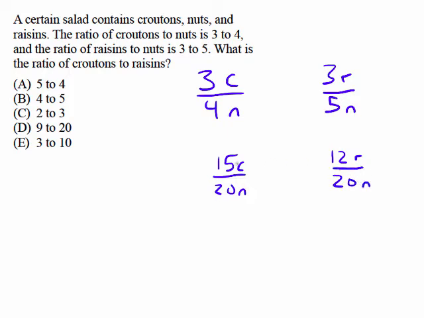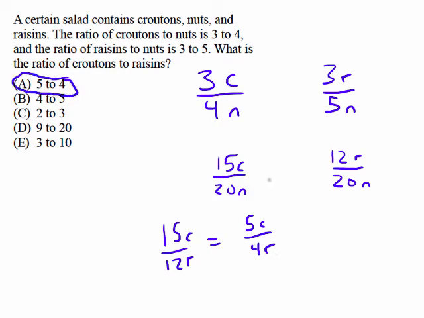And then if I want the ratio of croutons to raisins, well, no, I've got it. 15 croutons to 12 raisins, which I can simplify by dividing by 3 on top and bottom. That is going to be 5 croutons to 4 raisins, right? So croutons to raisins, 5 to 4.